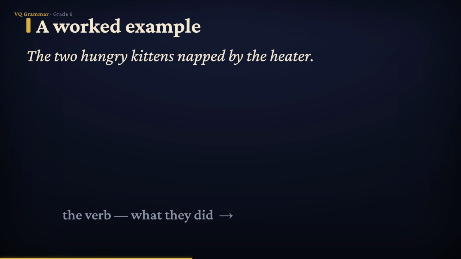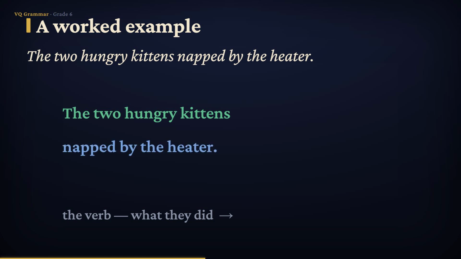Let's work one all the way through. The two hungry kittens napped by the heater. First, split it into the two parts. The subject part is the two hungry kittens. The predicate part is napped by the heater. Now strip the subject down. Drop the, drop two, drop hungry, since those only count them or describe them.